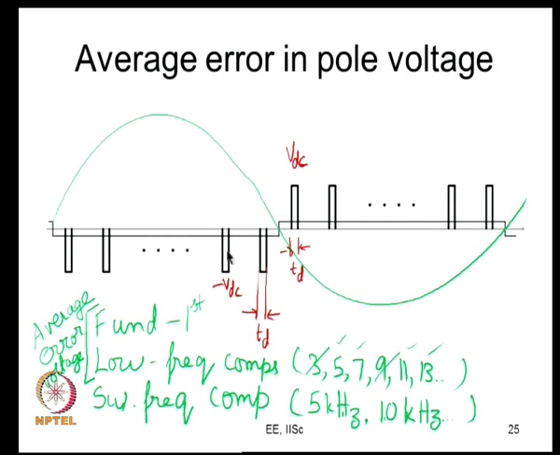What is that error? This is the error. What is the average voltage? How much is this average voltage? So, if this is VDC, the average voltage is VDC multiplied by the width TD, and this occurs once in carrier cycle, which is 2 times Ts.